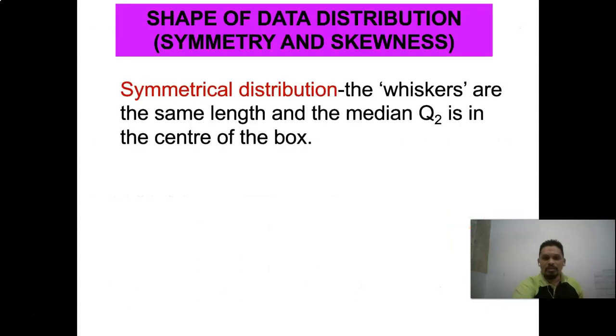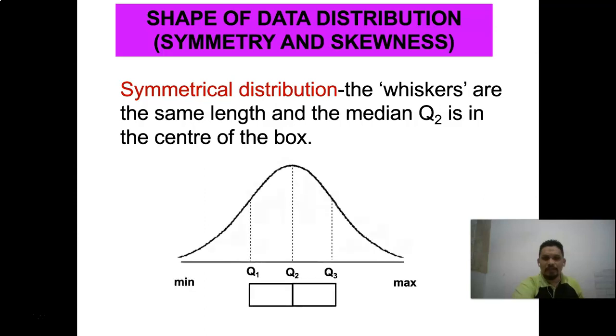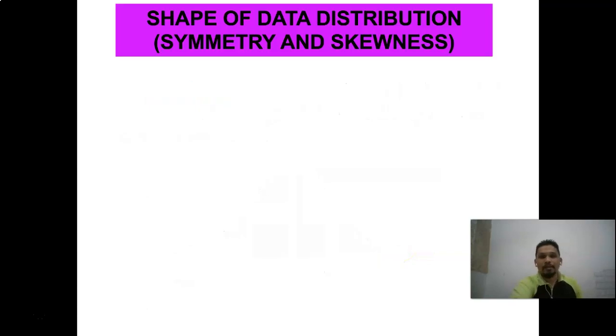The shape of data we call distribution: symmetry and skewness. Here the data is balanced, the second quartile, the first and the third, it looks symmetrical, left and right.